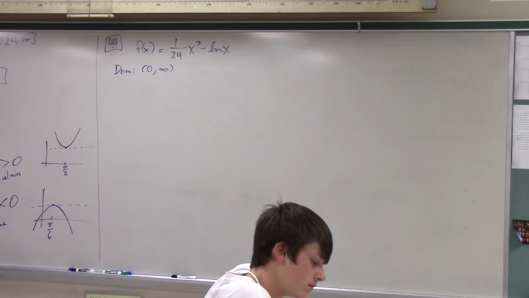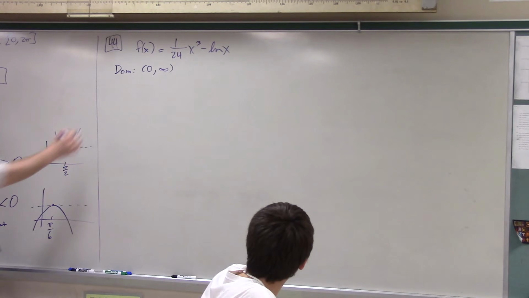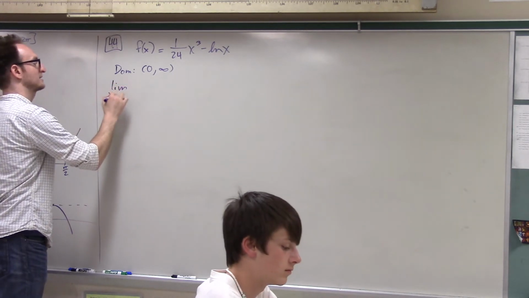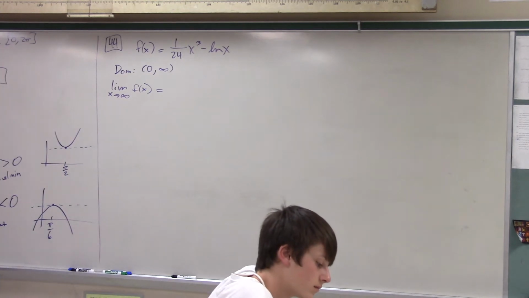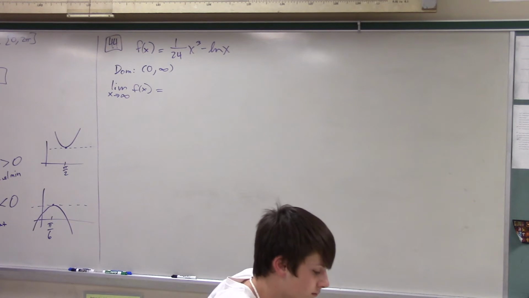How about end behavior? What is the limit as x goes to infinity of this function? This is actually not obvious, but common sense kind of tells you what's up.